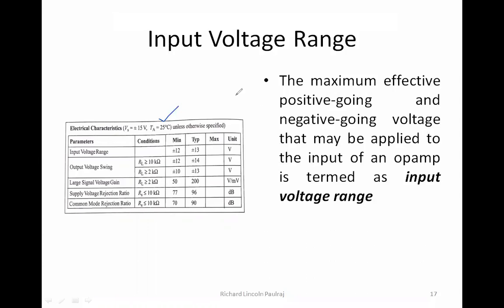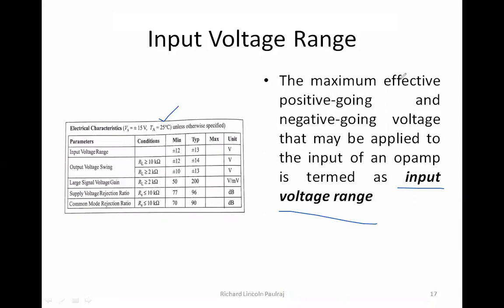Okay, right. So the maximum effective positive going and negative going voltage that may be applied to the input of an op-amp is termed as input voltage range. This can be asked in your tests as to what is meant by input voltage range.